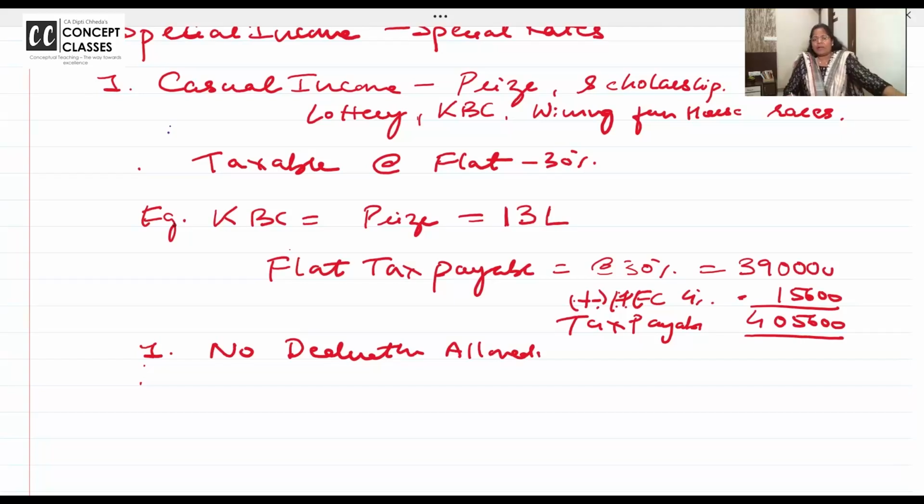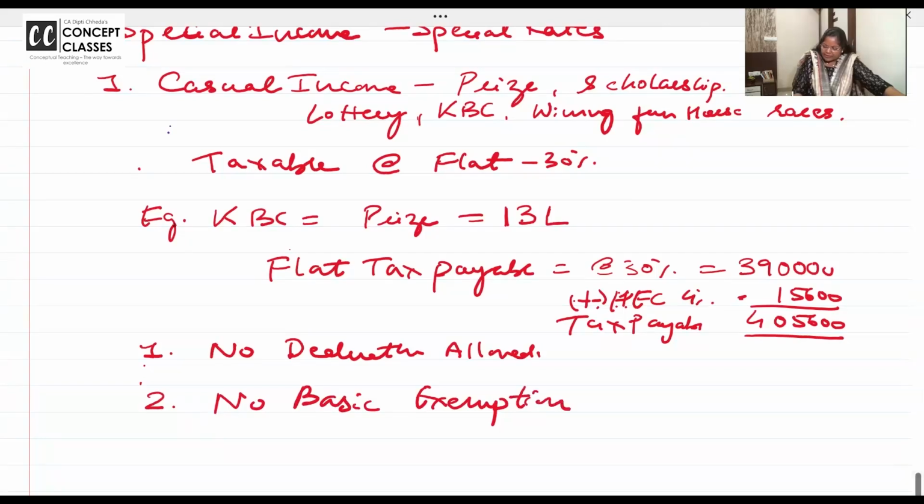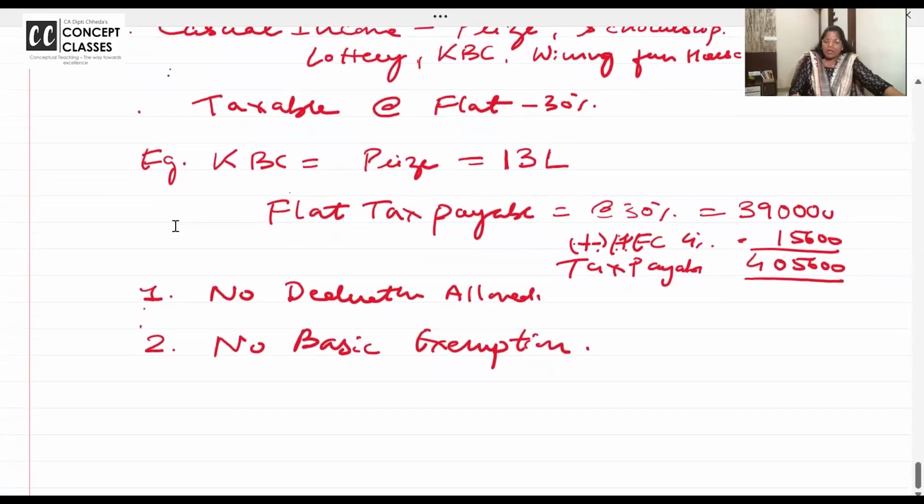That's the name of your chapter, which I have yet not introduced. But will you get any deduction here? No. No basic exemption. Please write this point mandatory so that you remember and solve it. No deduction, no basic exemption, nothing is given.